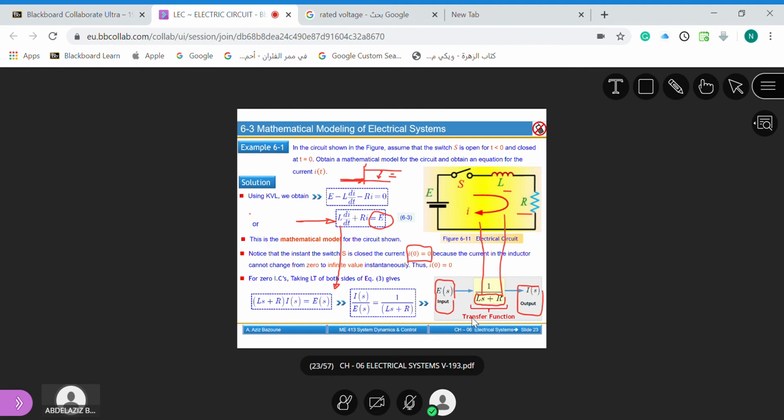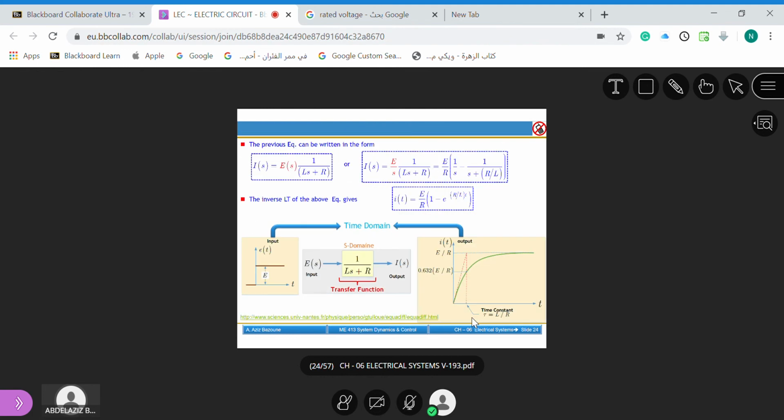Another characteristic of the transfer function, Shabab: the transfer function should be independent of the variables. Only the physical parameters should be inside the transfer function. That means we will not find the current or the voltage.